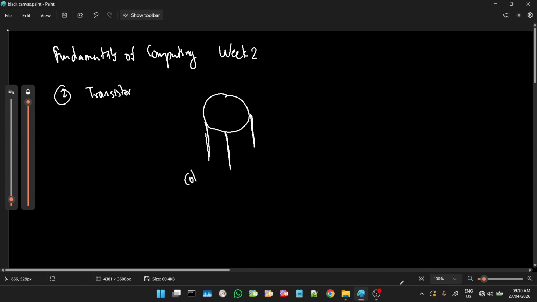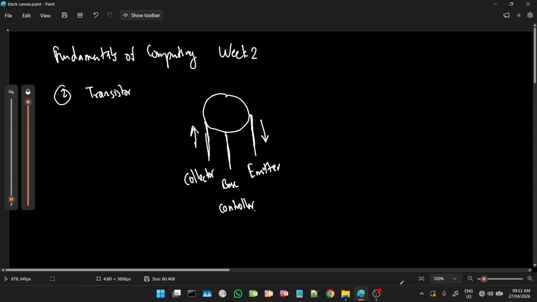There is a collector, there is an emitter, and there is a base. The collector is where current enters, the emitter is where current exits, and the base is essentially the controller.